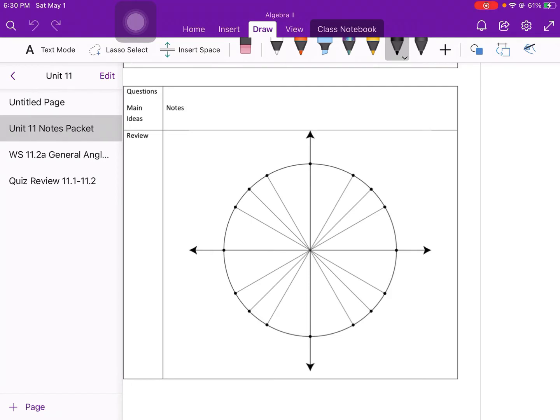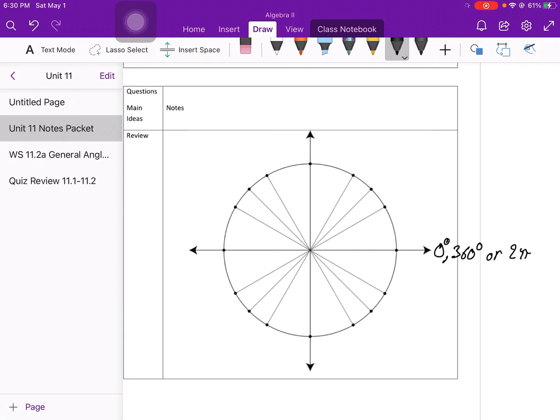So just a couple key points that I want to mark here. Remember that the starting point is 0 degrees, and that's also the same as 0 in radians. It's also 360 degrees, or 2 pi, once we complete the full circle. So those are two things we want to mark.